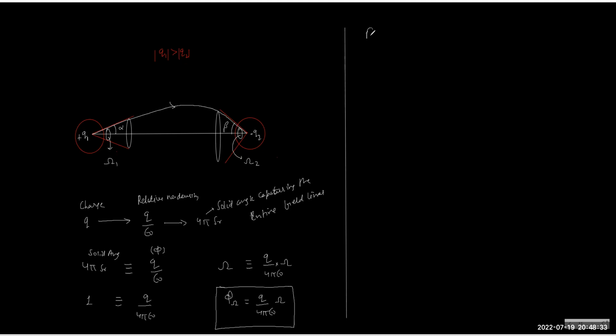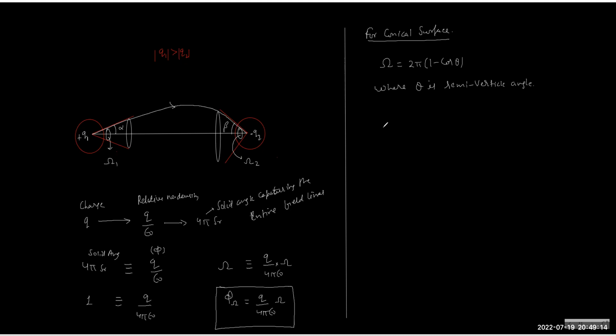Now we know that for a conical surface, the omega depends on the semi-vertical angle. If you remember, yes. I hope this is clear so far.